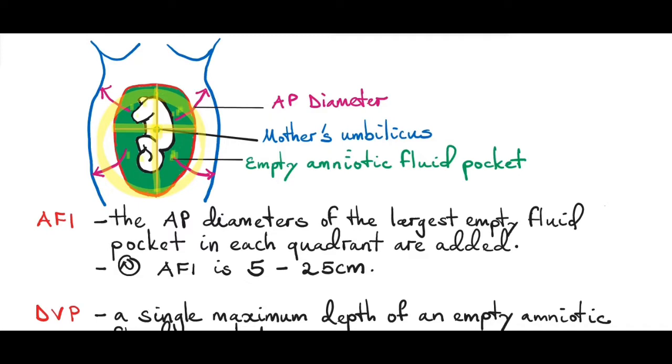You use the anterior-posterior diameter to measure it, and in that pocket, it should be empty amniotic fluid, meaning there shouldn't be any fetal part or umbilical cord. So you add the results in the 4 quadrants, which will give you the amniotic fluid index. You can see here, the anterior-posterior diameters of the largest empty fluid pocket in each quadrant are added. And the normal amniotic fluid index is about 5 to 25 centimeters.